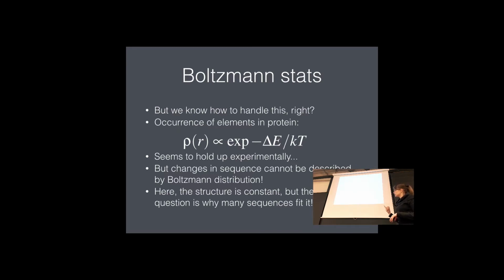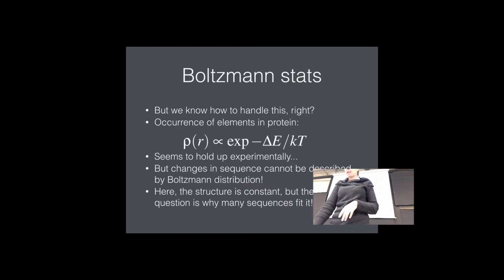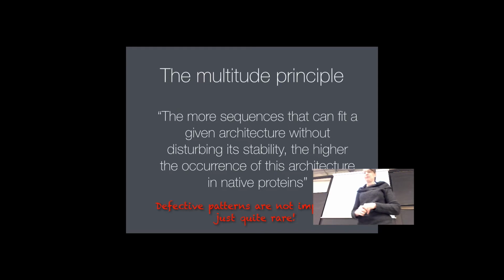But the changes in sequences don't interconvert, so you can't explore all of the possibilities of sequences because it's a process driven by evolution. This means we can't use the Boltzmann distribution. The structure is constant, and we will ask why many sequences can fit it.